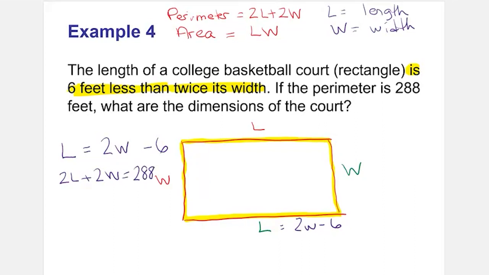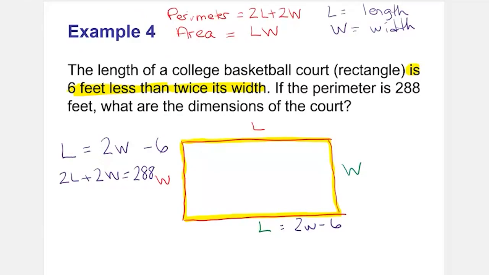Let's rewrite these equations. I have 2L plus 2W equals 288, and I also have L equals 2W minus 6.